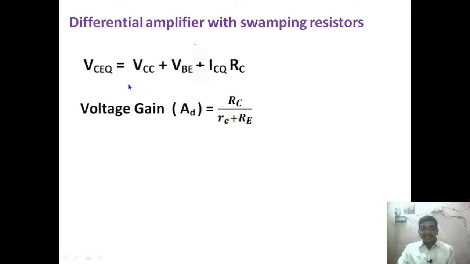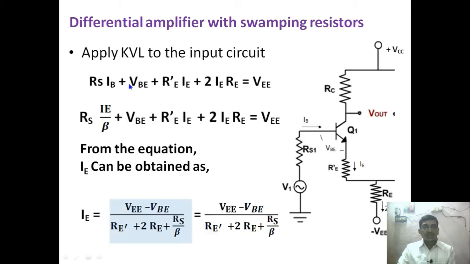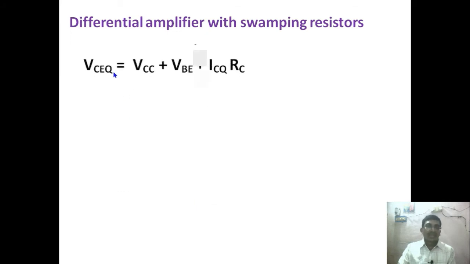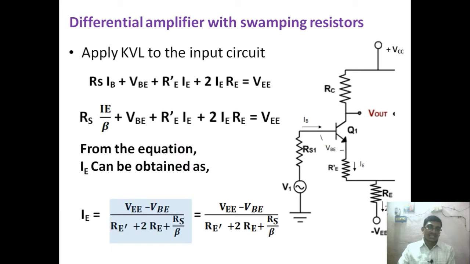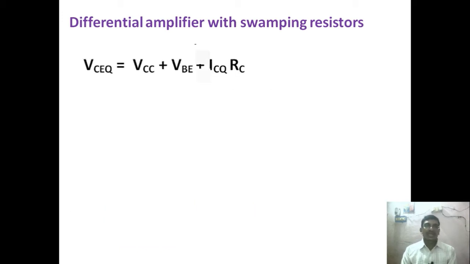So these two are the Q point current and the Q point voltage of our differential amplifier using swamping resistors. Here you can see IE is approximately equal to IC, that is nothing but our Q point current ICQ. Here VCE is our output voltage when no input is applied, and that is equal to the VCEQ.